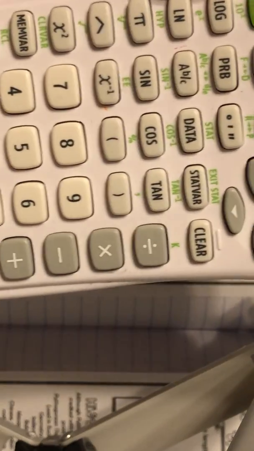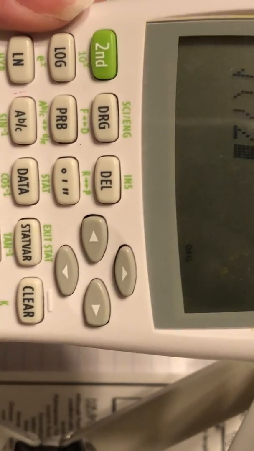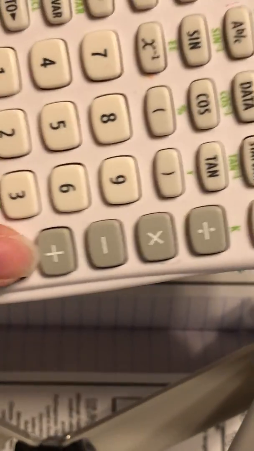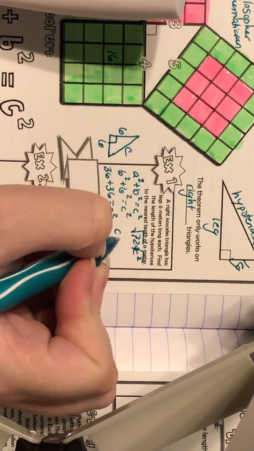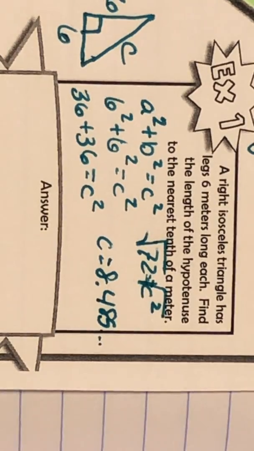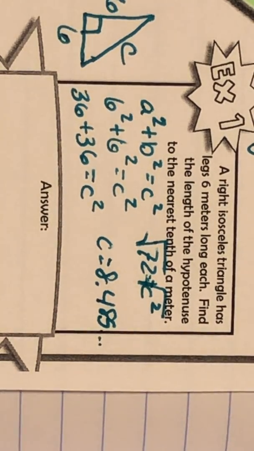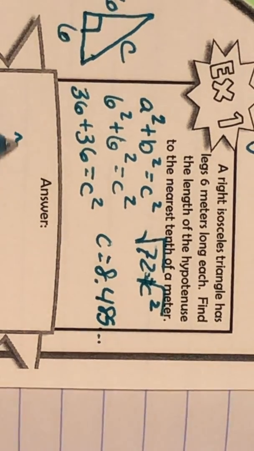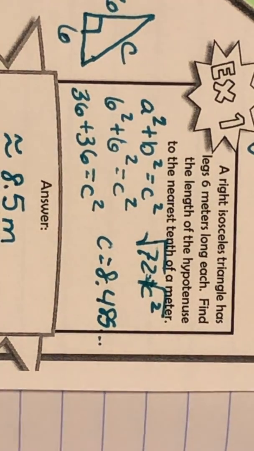I type in my number, 72, close my parentheses, then press enter, and it gives me 8.485. So c equals 8.485, and it keeps going. It said to round to the nearest tenth of a meter, so my answer is approximately 8.5 meters.